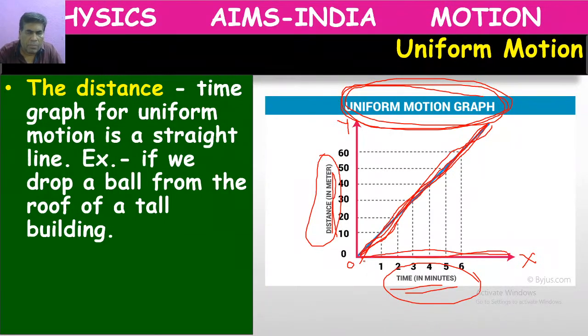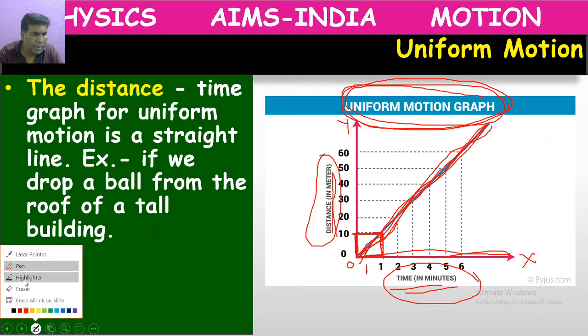On the line, if you observe at 1 time unit, how much distance has it covered? 10 meters is the distance covered. In how much time? 0 to 1. What is the time interval? 1 second.